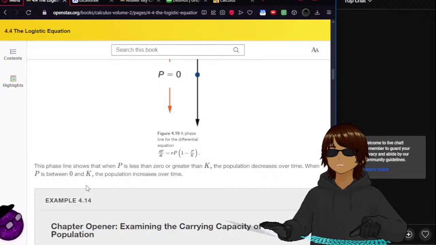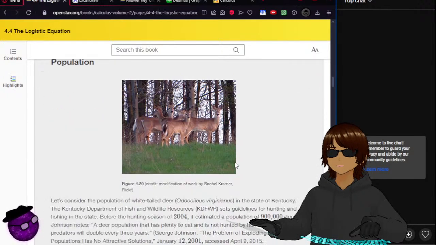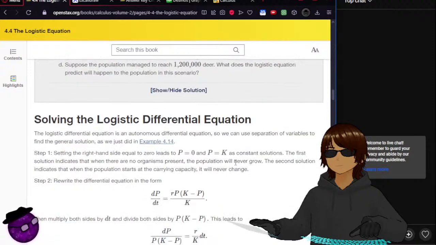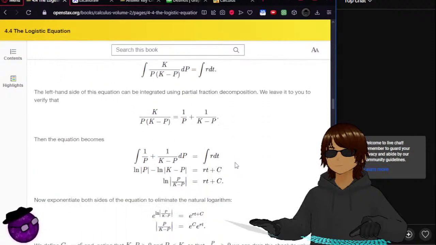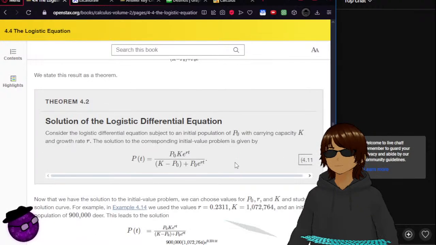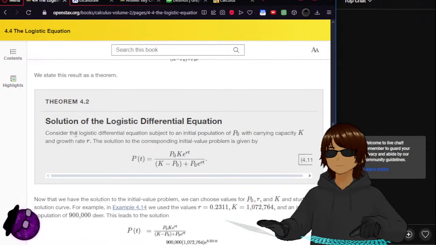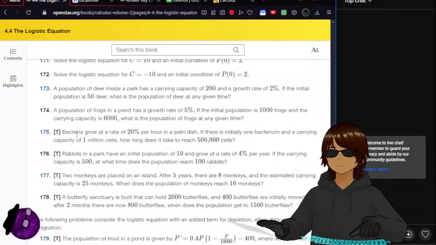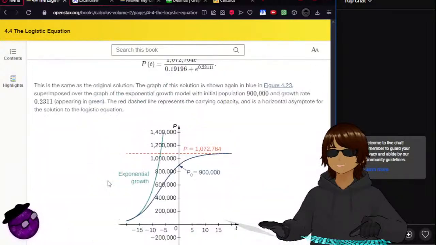When P is between 0 and K, the population increases over time. Okay, this is getting more complicated than I thought.